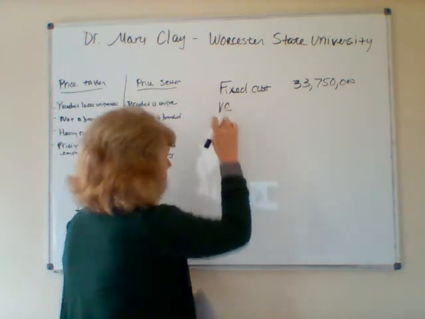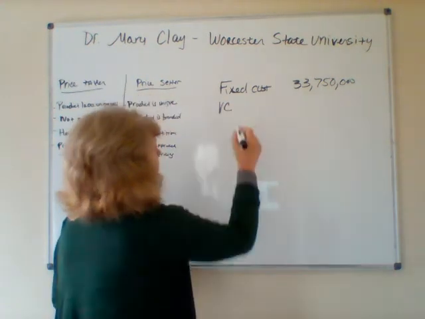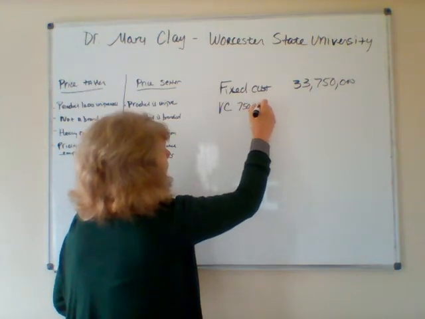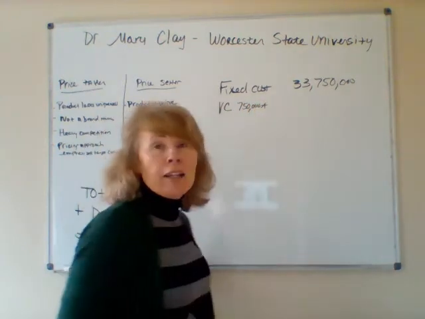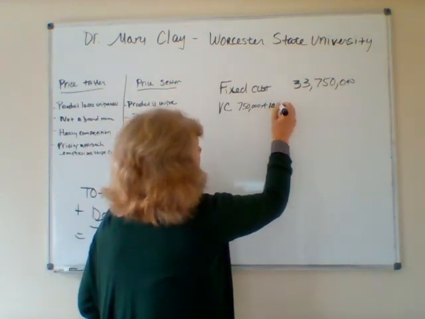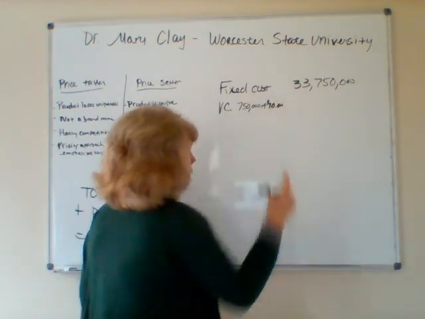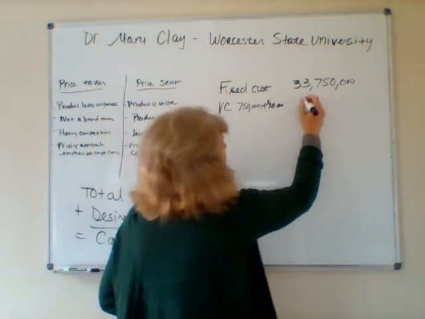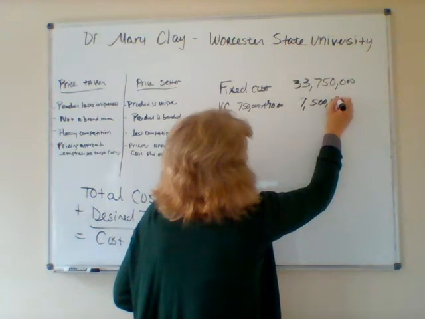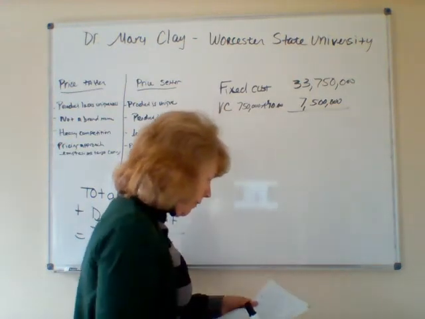So for variable costs, we're going to take the number of skiers, which is 750,000, and multiply it by the variable cost per unit, $10. We multiply that out, and that's going to give us $7,500,000.